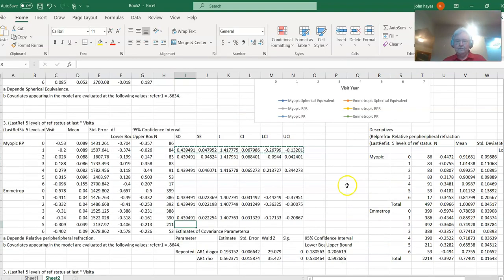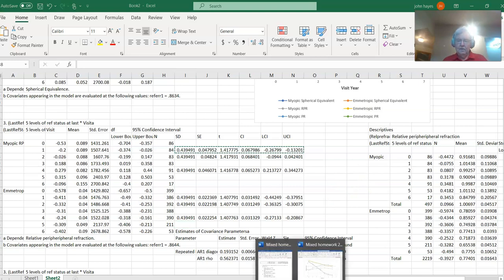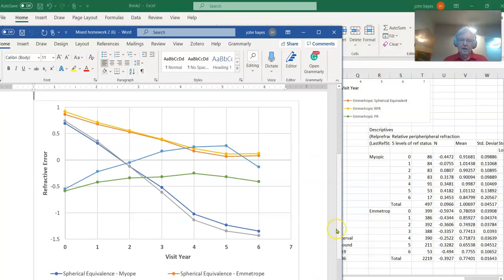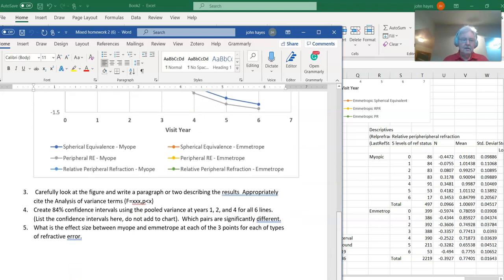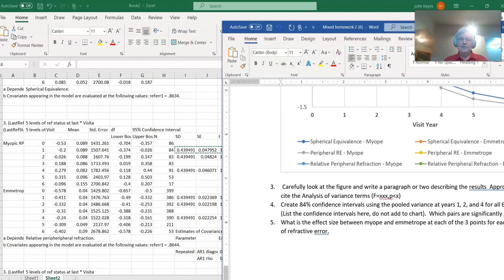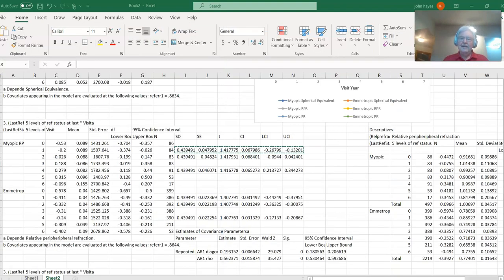Now, the next question, what is the effect size between myopes at each of the 3 points? So let's add an effect size here. Effect size.